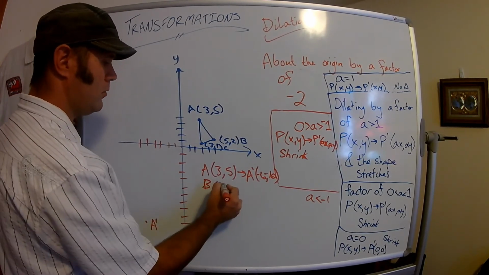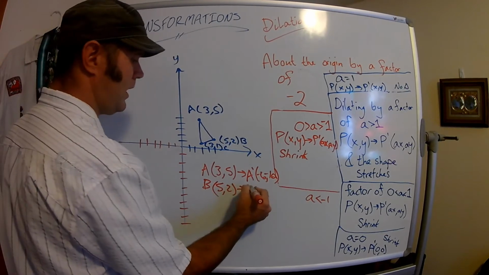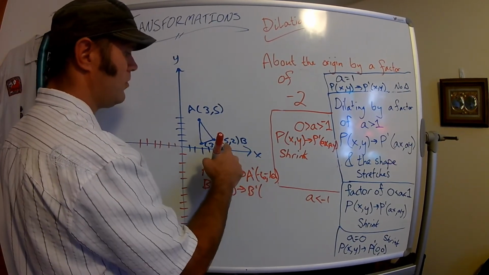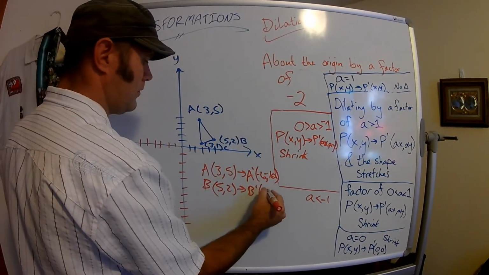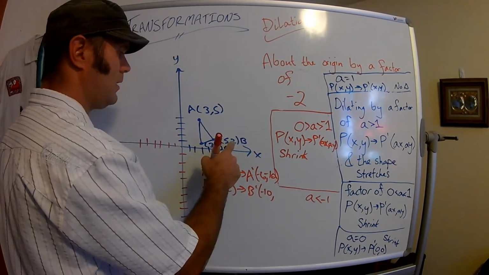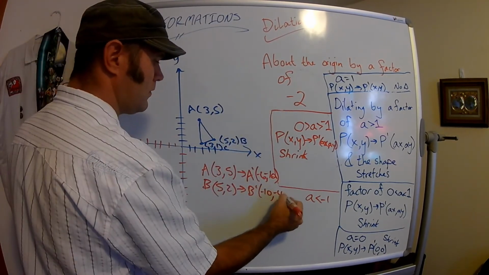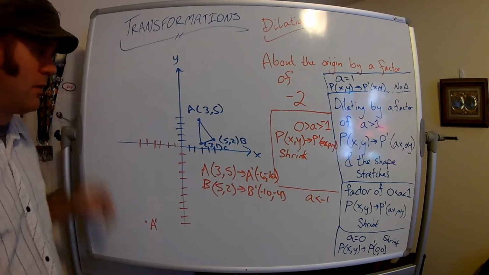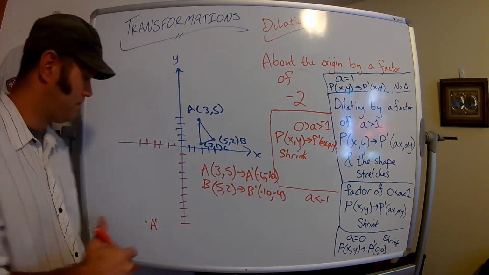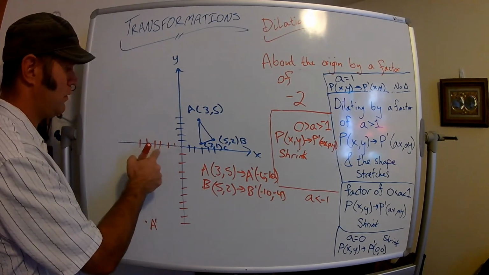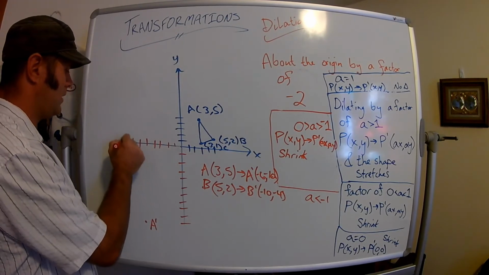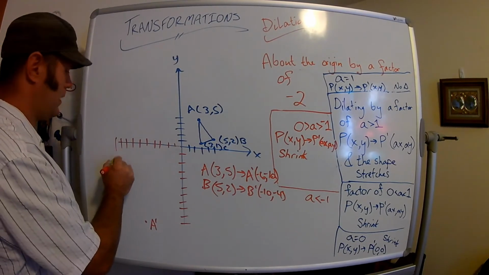B, which was 5, 2, became B prime, which is 5 times -2, which is -10, and 2 times -2, which is -4. So we get -10, -4. So 1, 2, 3, 4, 5, 6, 7, 8, 9, 10, and -4.